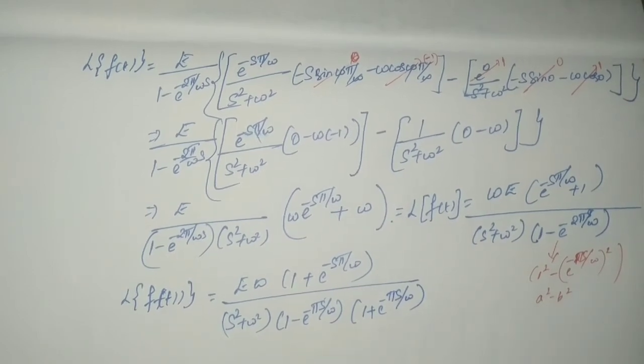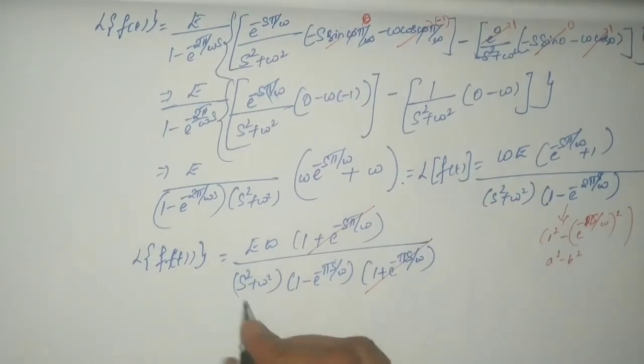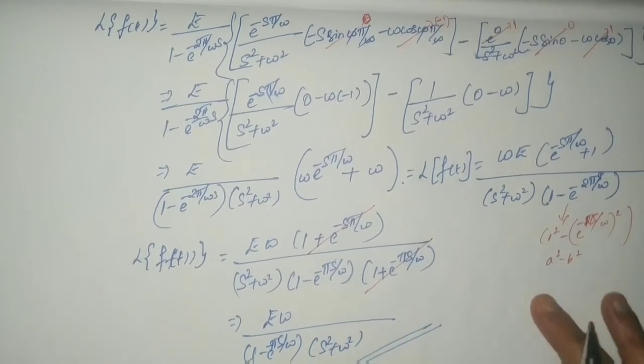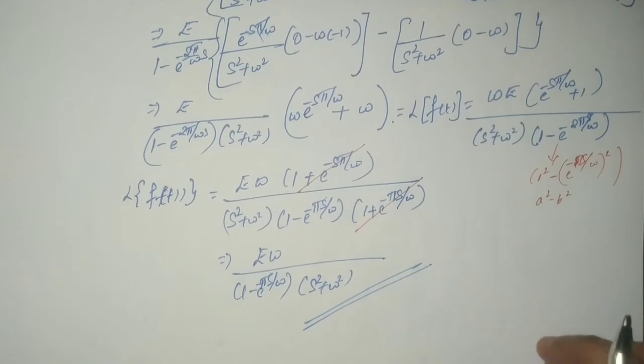So you can see that one term of the numerator and one term of the denominator cancel out. So we are left with e omega by 1 minus e power pi s by omega into s square plus omega square. So this is how you need to solve.